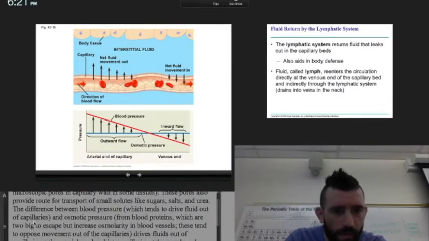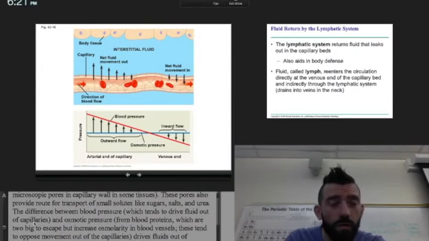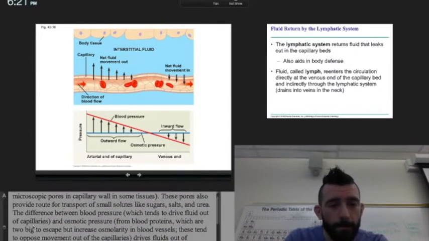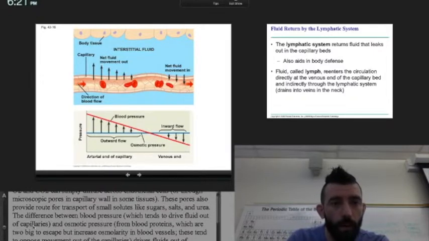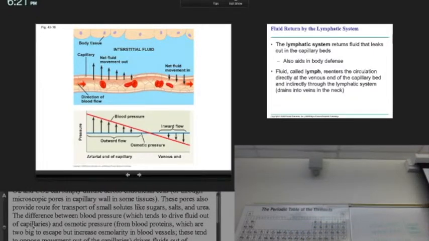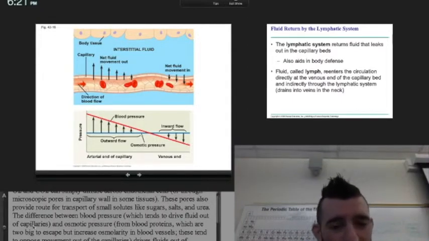Do we know which one comes out and which one comes in? I mean, presumably CO2 is coming out. Well, it depends. Yeah, it depends on where it is. Let me just read my notes. Give me a second.